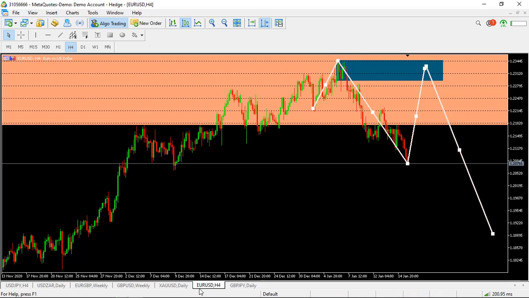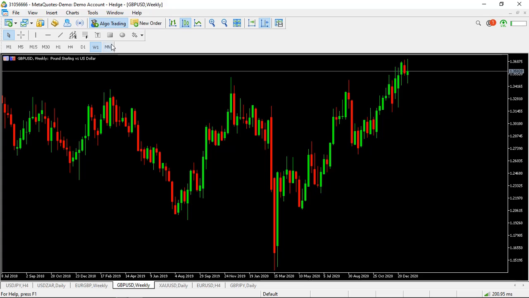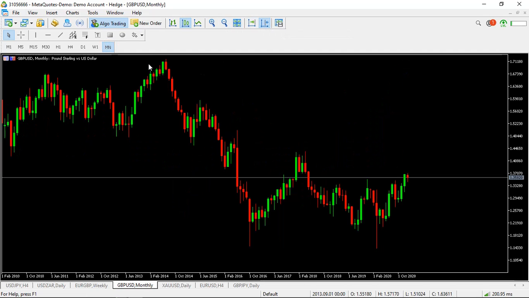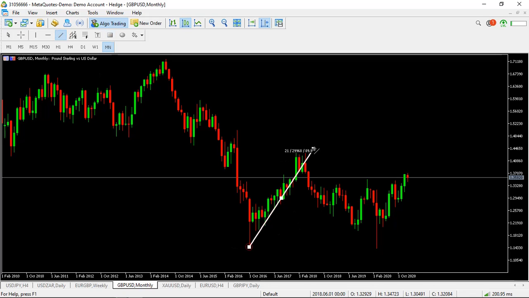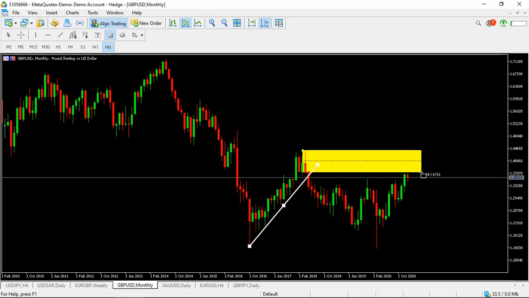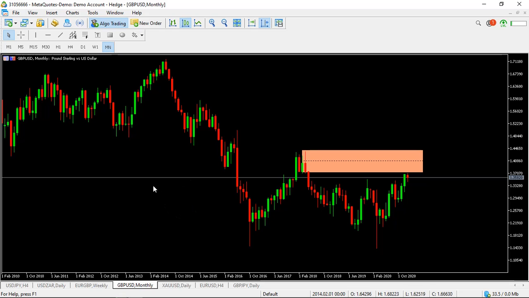Okay, let's look at GBP USD. Let's go to our monthly time frame. You see the level was removed, the trend line was removed, and this is your level of supply. On Sunday we will review how it has played out and discuss once again.